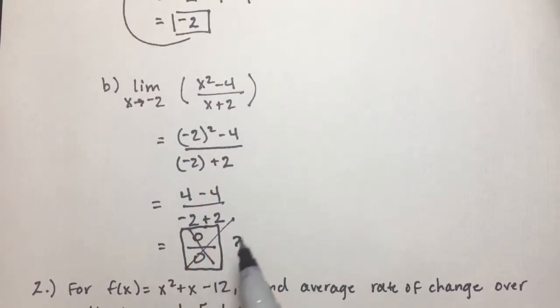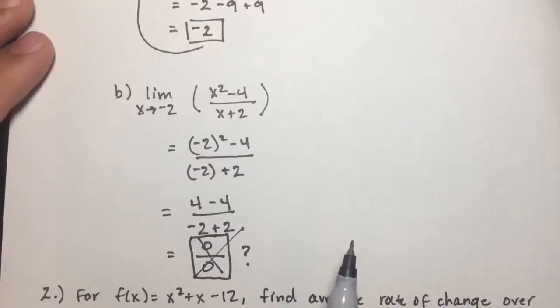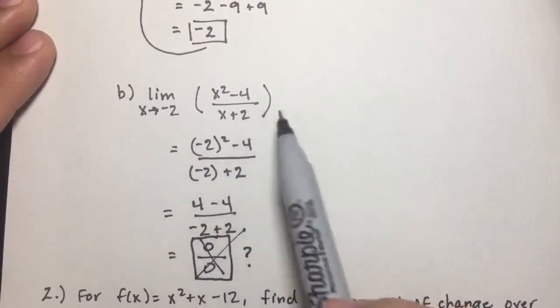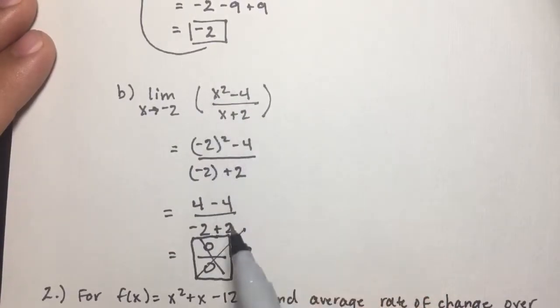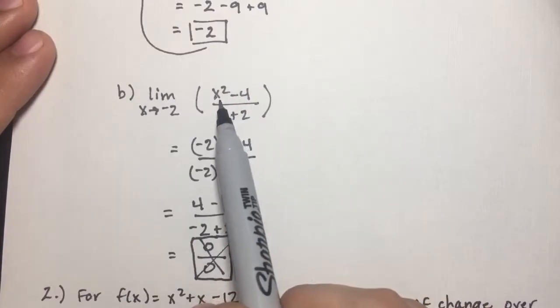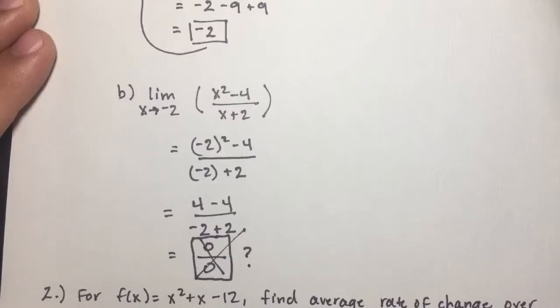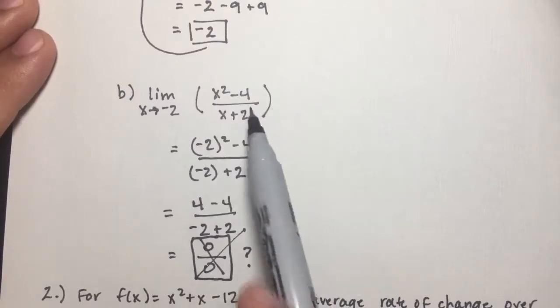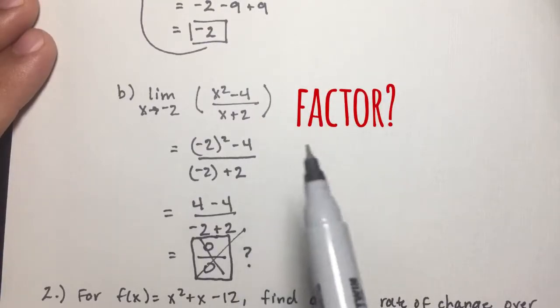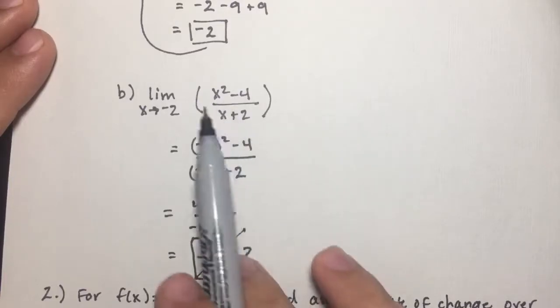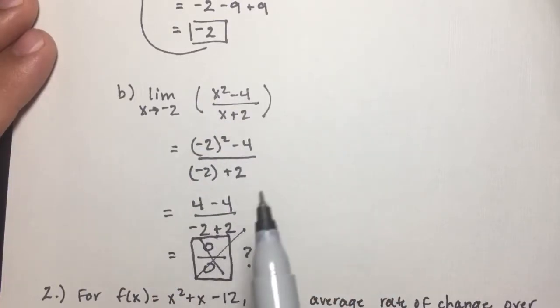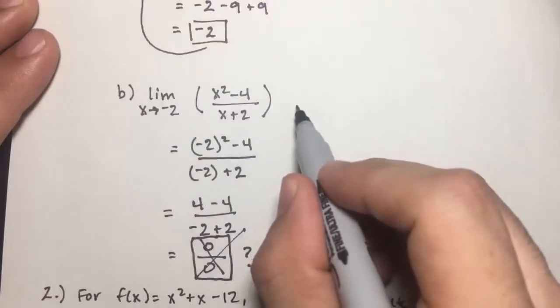So what you're going to want to do here is actually set this up a little bit different. So we're going to look at our function first. Alright, we can see that the numerator is x squared minus 4. Now, can we factor that? Is there going to be something that we can factor that would give us x squared minus 4? Of course there is.